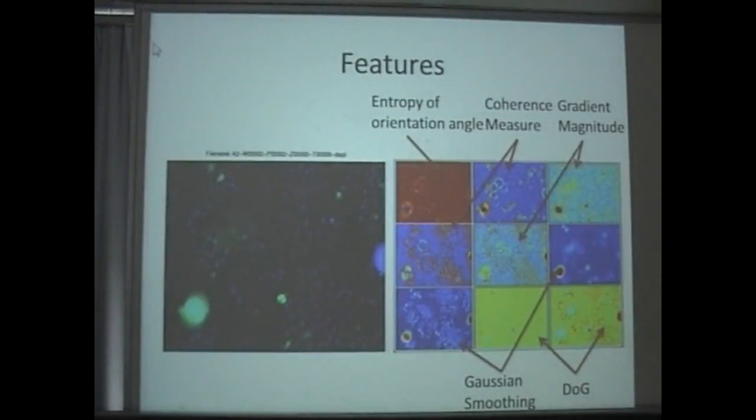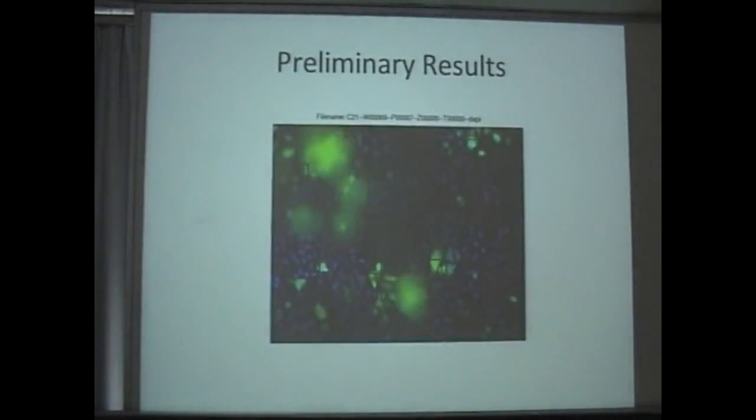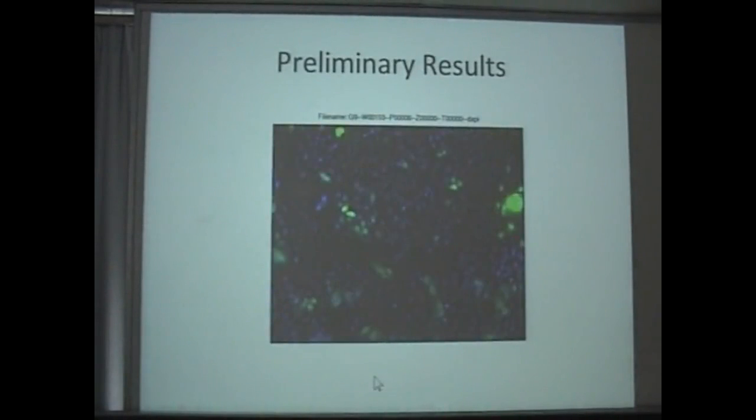So here's an example of some of the features that can be computed. It's all very colorful, but all of this results from the single image that you see here on the left-hand side. And then perhaps you see these faint red lines that outline problems in images that he processed automatically.